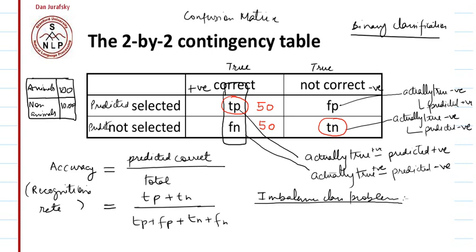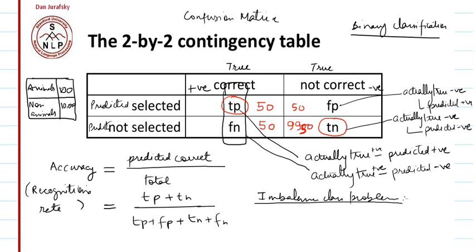So from these 100 examples, the system is predicting animals as 50 and not animals as 50. And from the 10,000, if the model is able to predict not animals as 9,900 and animals as 100, or let's take 50 here, so this becomes 9,950.